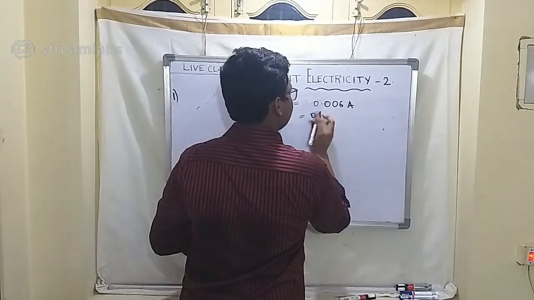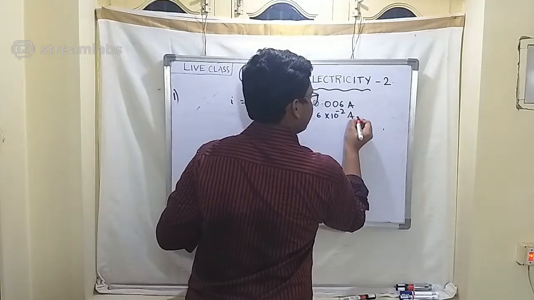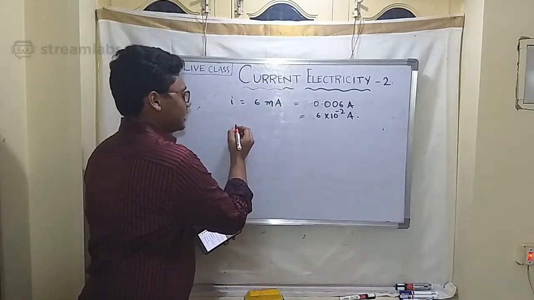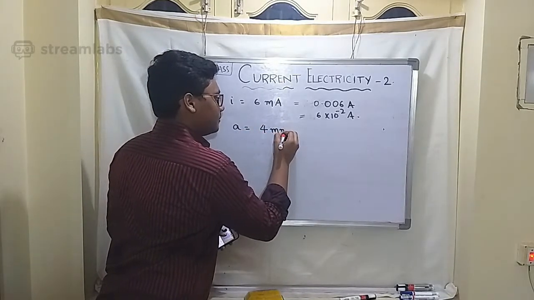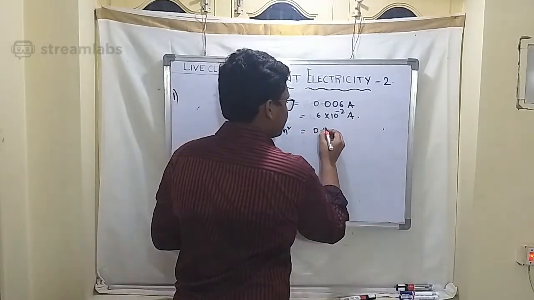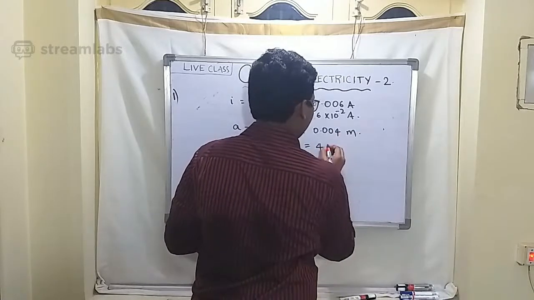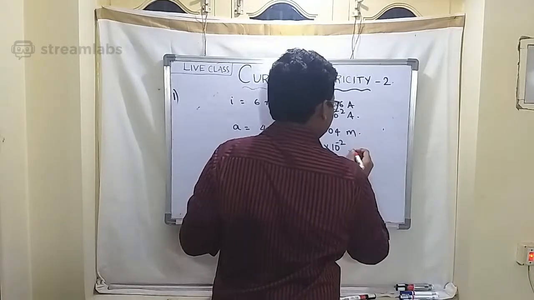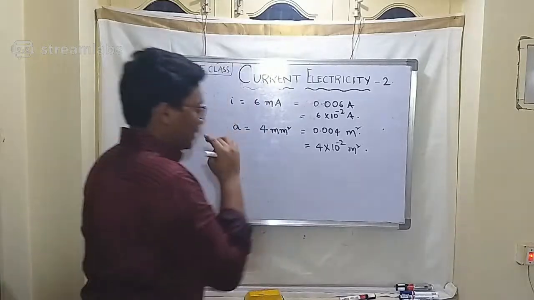And the area is given as 4 millimeter square, which is 4 into 10 to the power of minus 6 meter square.